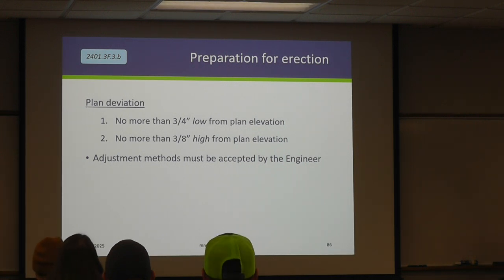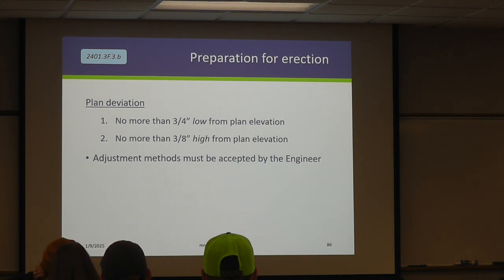Plan deviation, we allow no more than 3/4 low and no more than 3/8 high. I'll suggest that these are hard things to survey, right? So just keep that in mind when you're working with your contractor.